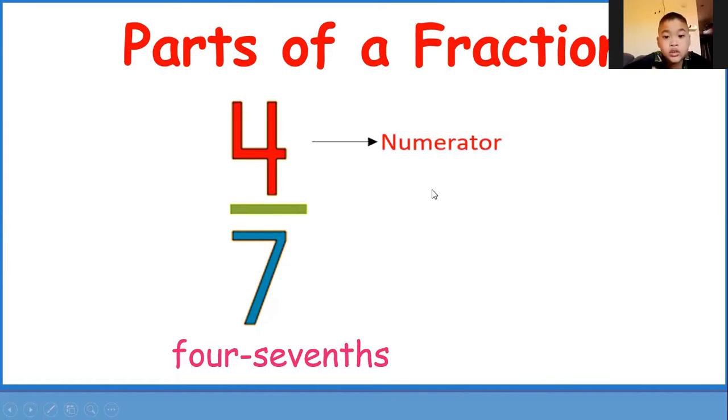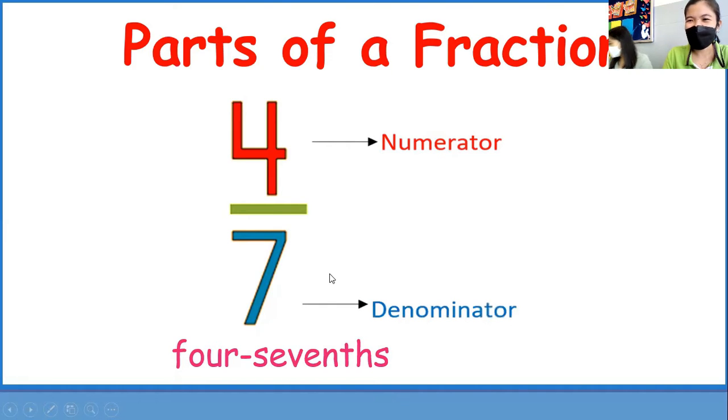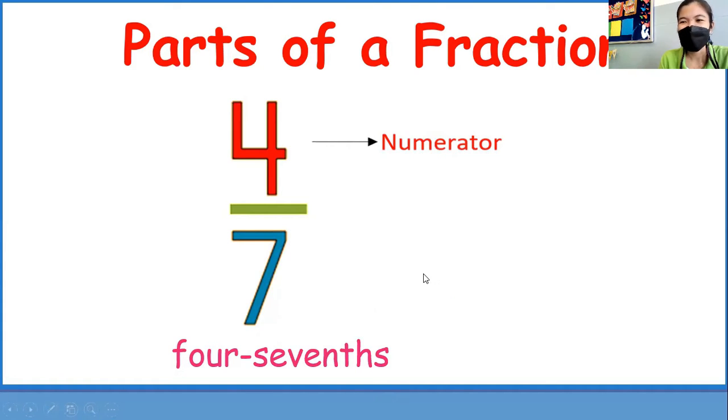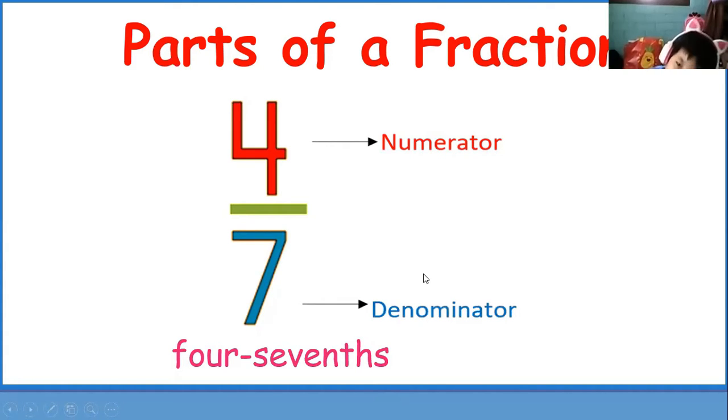So 4 is called the numerator, right? Can you remember? And 7 is the denominator. Again, these are the parts of a fraction.